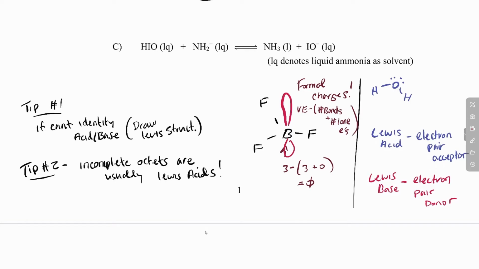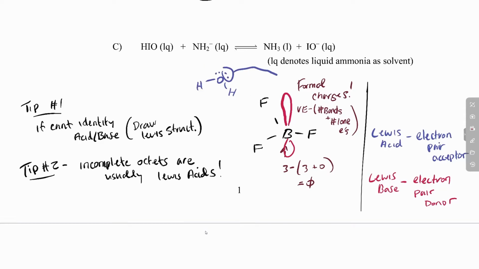So, if we had a water molecule who had its lone pairs, well, those lone pairs could be donated to fill those empty orbitals that we're talking about, okay? So you could see here that the water is donating its electron pair to fill those orbitals.